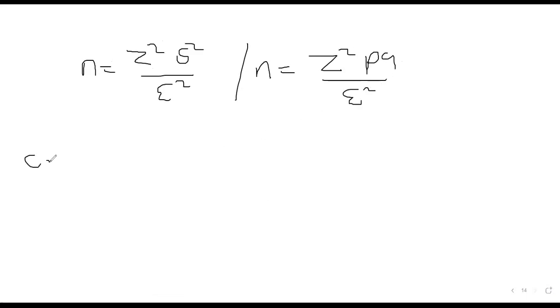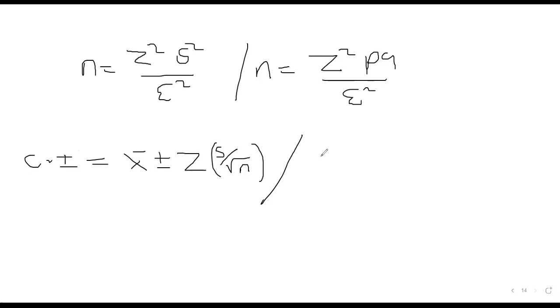All right, confidence interval is given by X bar plus or minus the Z score over the square root of n.